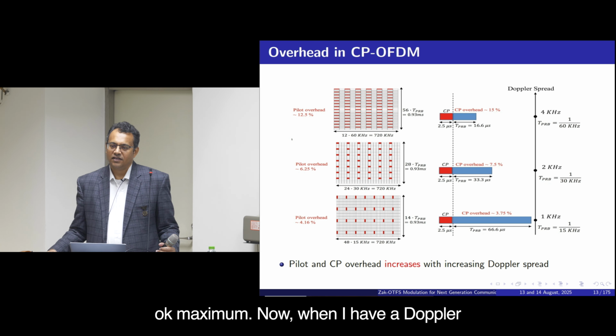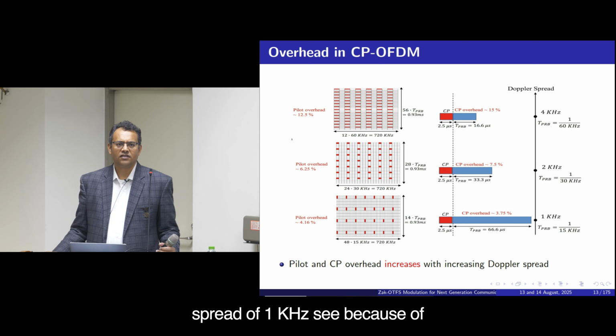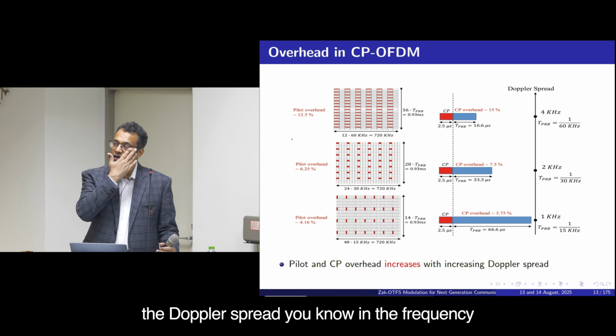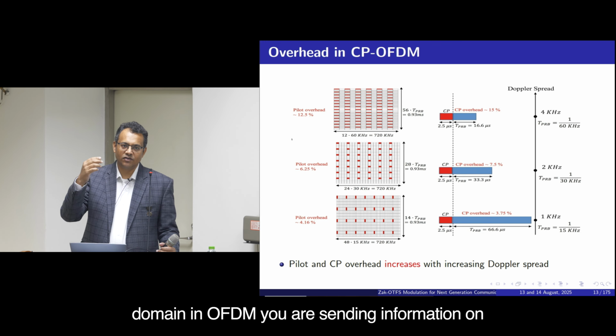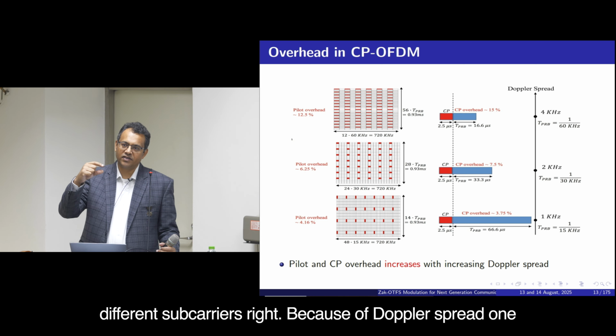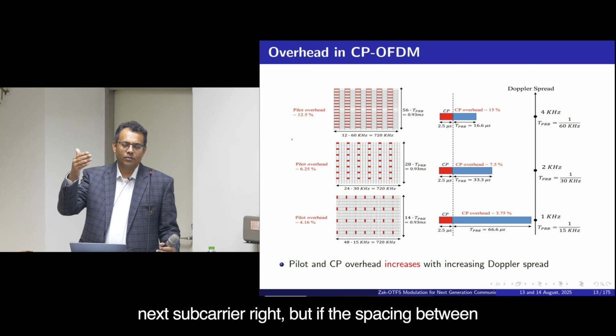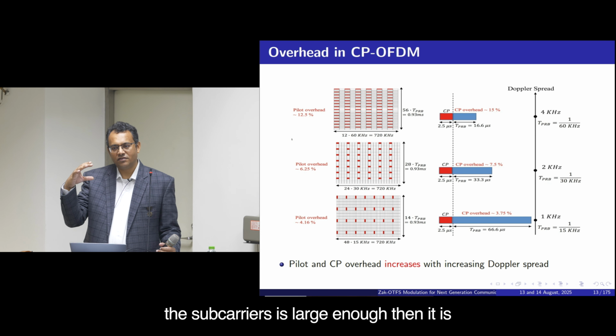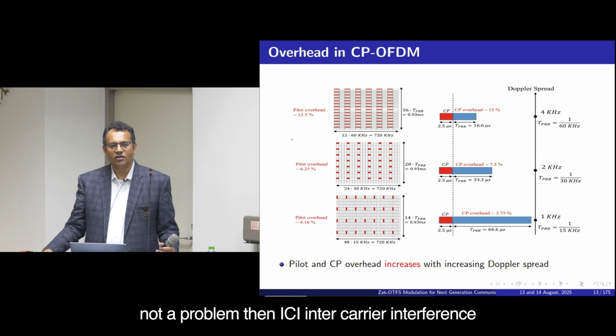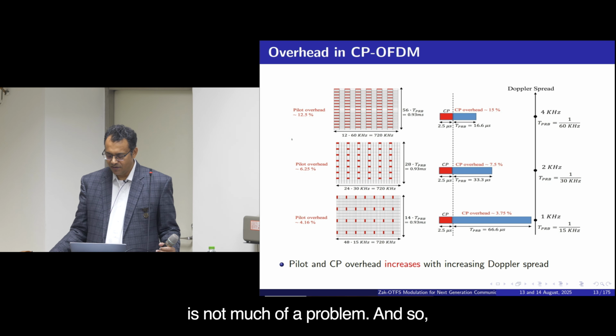Because of the Doppler spread, in OFDM, where you are sending information on different subcarriers, one subcarrier will start interfering with the next subcarrier. But if the spacing between the subcarriers is large enough, then ICI, intercarrier interference, is not much of a problem.